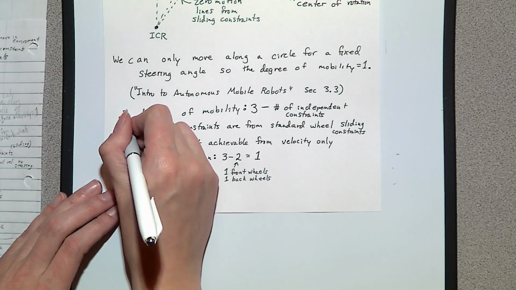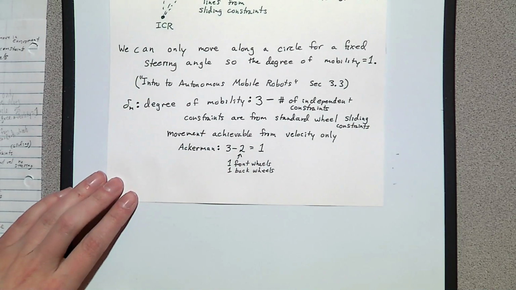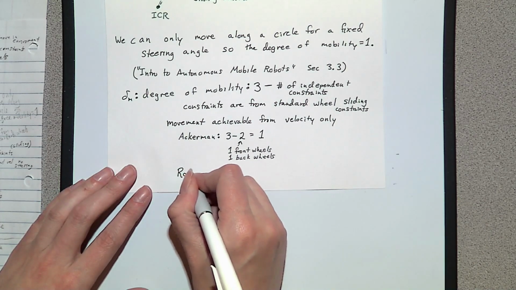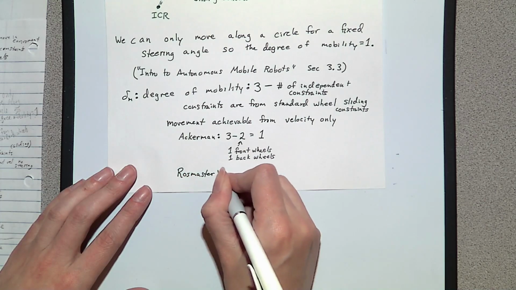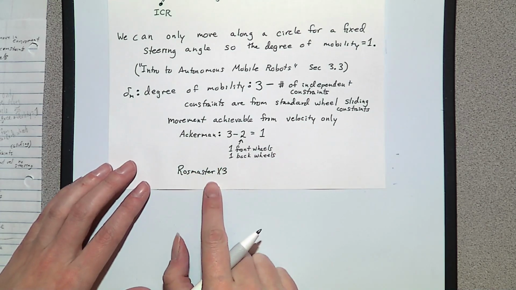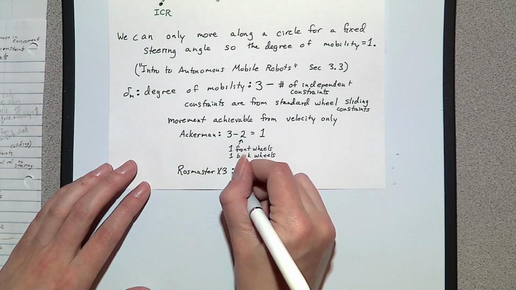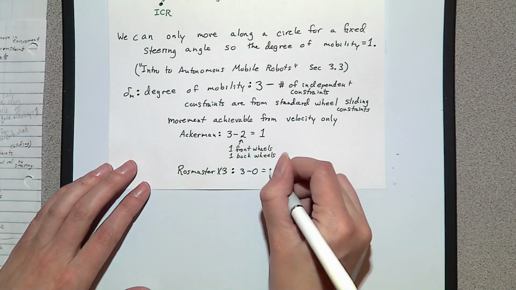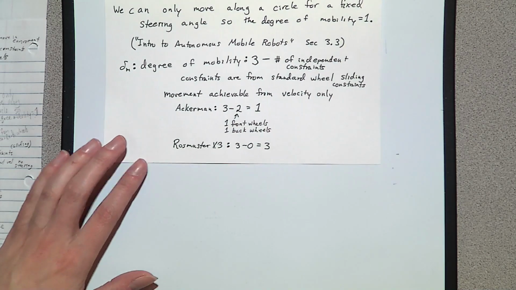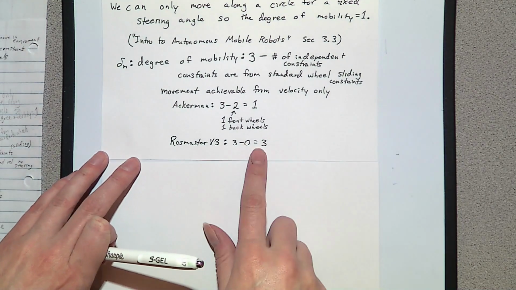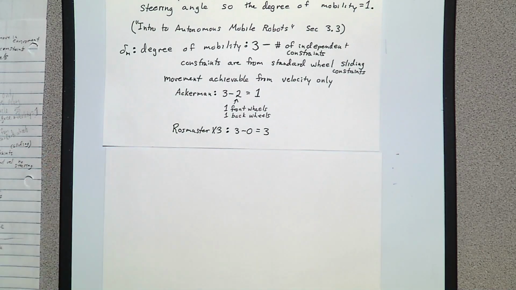And the notation we use is delta little m. Now, for the robot that we're using, the Rosmaster X3, we have no standard wheels, they're all omnidirectional wheels. So we have 3 minus 0, which is 3. So we have full controllability of our space because of our omnidirectional wheels, and we only need to use velocities to achieve that.